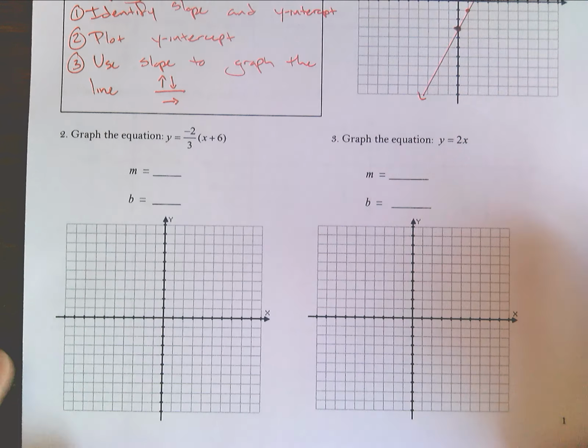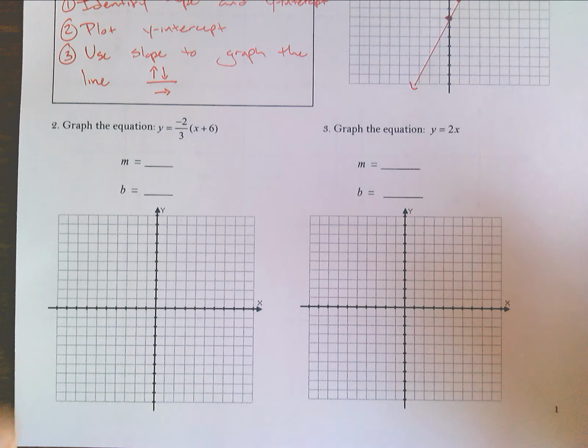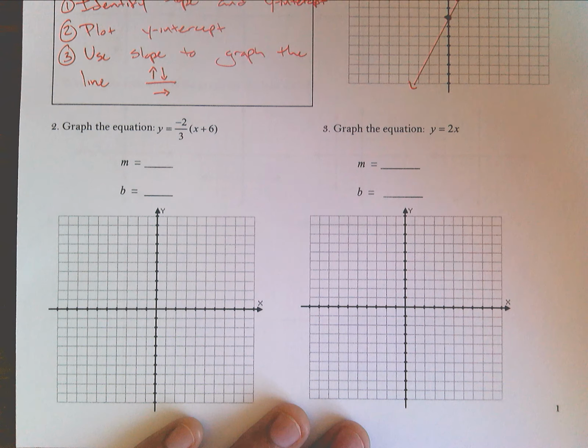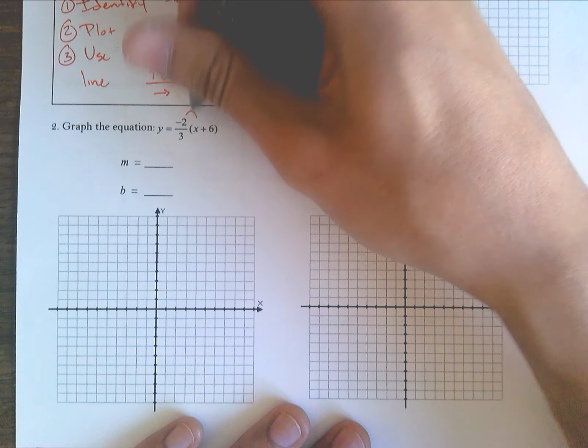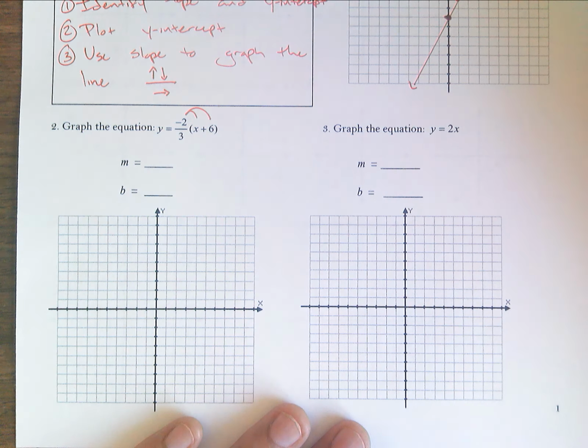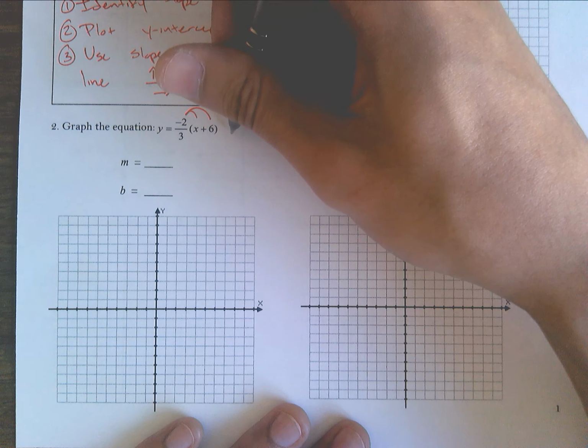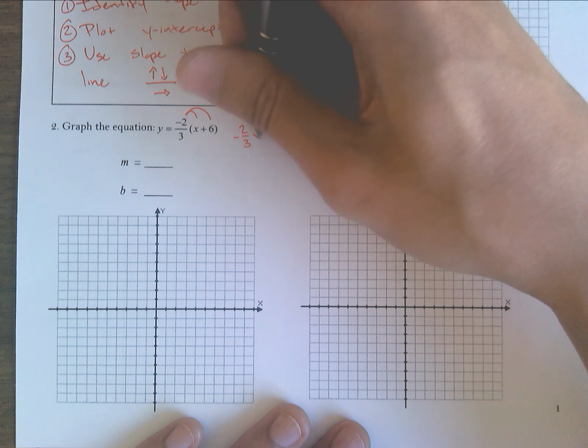Let's try a few more examples. Here I have the equation y equals negative 2/3 times a quantity x plus 6. Now the first thing I ask myself, is this in slope-intercept form, y equals mx plus b? No, it's not. First we have to distribute. So here we have negative 2/3 times x gives us negative 2/3 x.